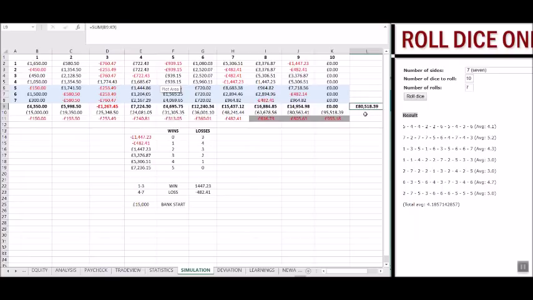Only time will tell. That's going to depend on my ability to stick to the rules, to be disciplined, to not take anything out of my bank and keep profits in my bank to help it compound. It's going to depend on whether I'm able to meet that quota of 130 trades a month.